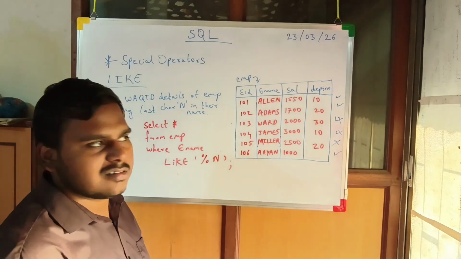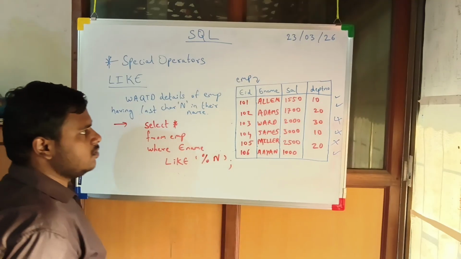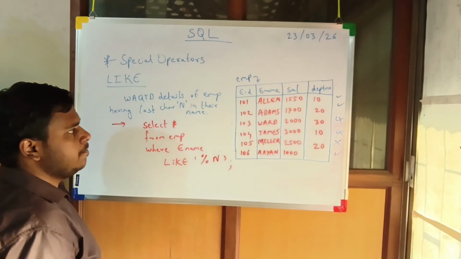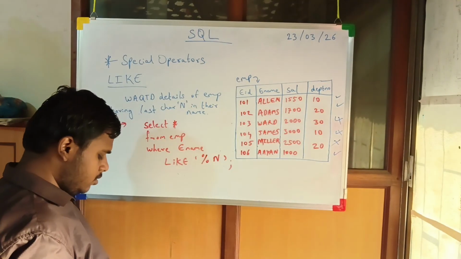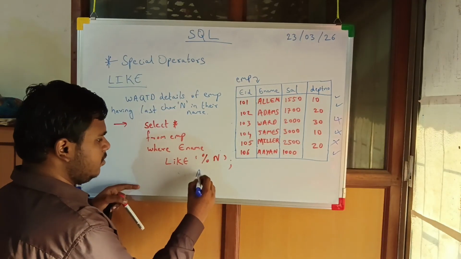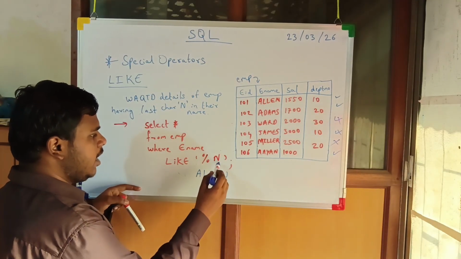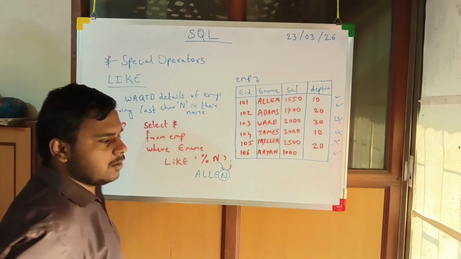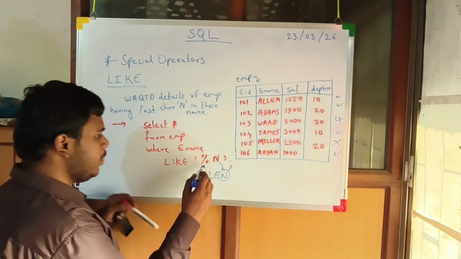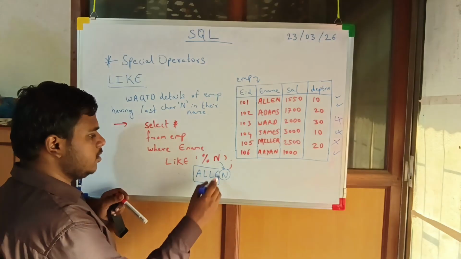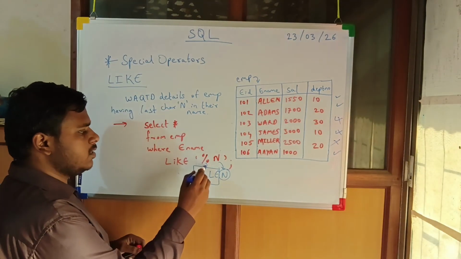Last character N. So now when we look at the word Alan, the last character is N. Now here the last N will be accepting the last character, same caste. And this percentage will accept all the rest of the beginning characters, A, L, E will be accepted by the percentage.